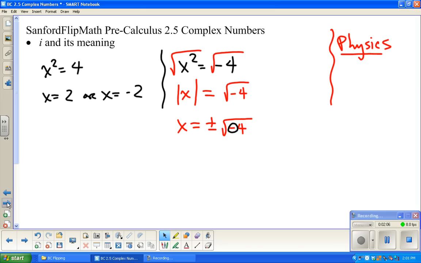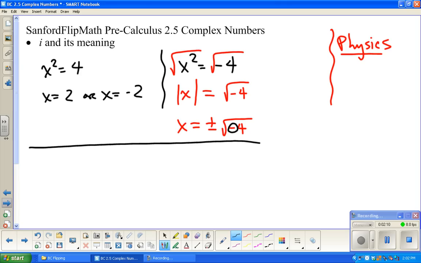Well, basically, what we're going to do is revisit the idea that we have this bookkeeping tool where it's just i. There's not a real number that you can square and get a negative, but the idea here is we have an imaginary number. Stuff really happens with this. It's not like we're just making stuff up, but this imaginary number that would make this equation work.